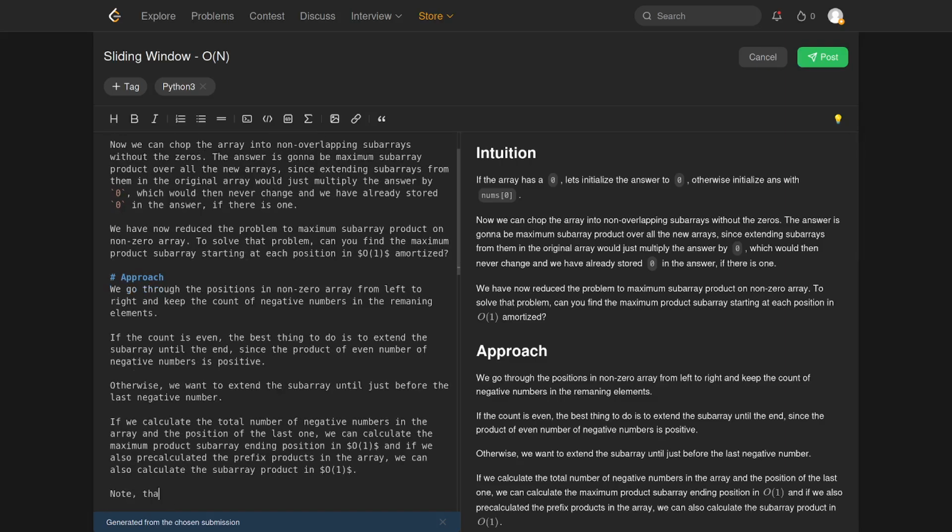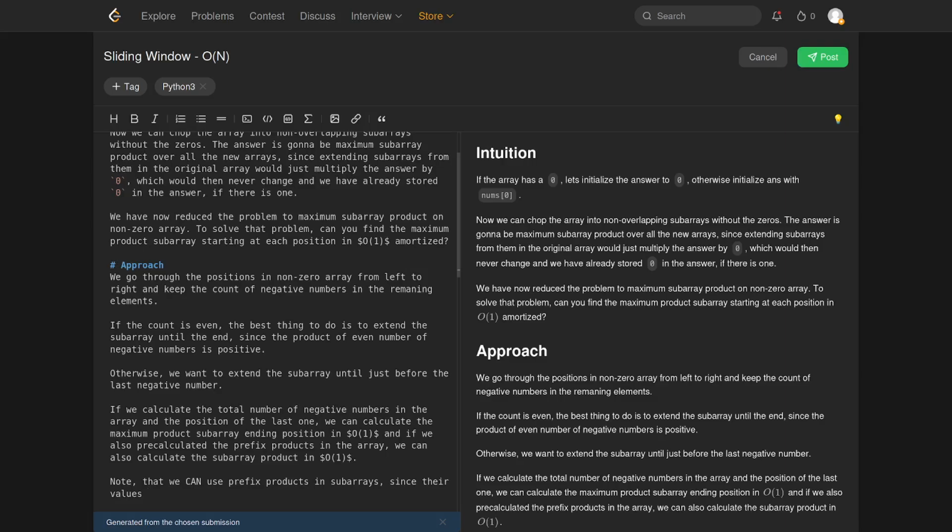Note that we can use prefix products in subarrays since the answer fits into a 32-bit integer.